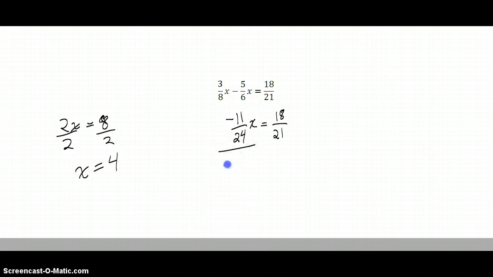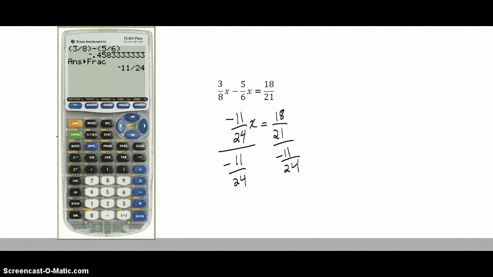We could actually input this into our calculator the same way. So if we were going to do this on our calculator, we would simply have to put open parenthesis 18 divided by 21, close your parenthesis, divided by negative 11 divided by 24. So this calculator knows that it needs to multiply by the reciprocal, so it'll actually do this for you.